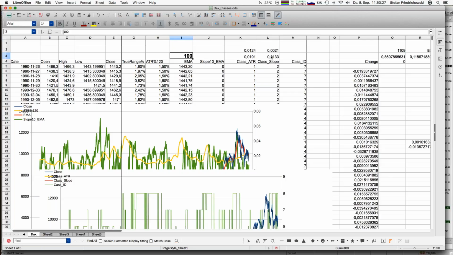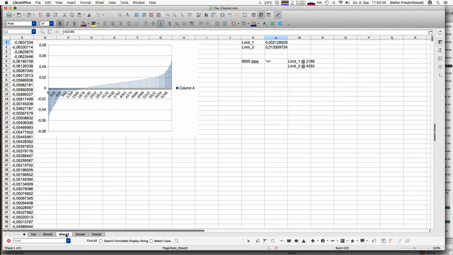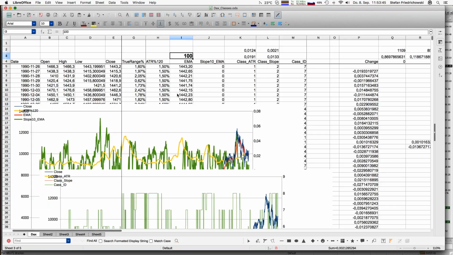So that has to be recalculated. So we have to take all the values of slopes, put them, for example, once again here, and then sort them by number and find new limits. So that is something one has to do stepwise here if you change the EMA and want to have a look at the behavior once again.